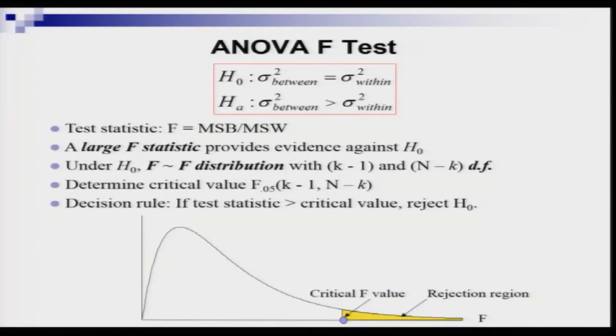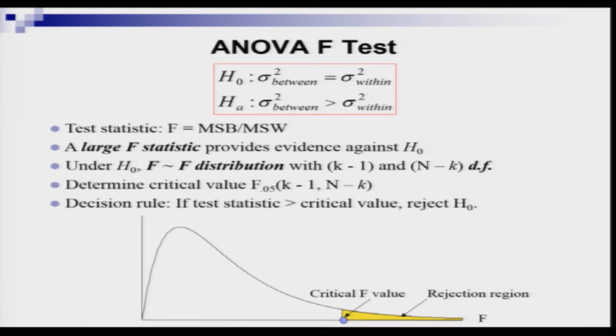We start with the null hypothesis, which says that we can assume that the variance related to the between group sum of squares is equal to sigma square, the variance that comes from the within groups calculation, and the alternative hypothesis HA is that sigma square between is not equal to sigma square within.